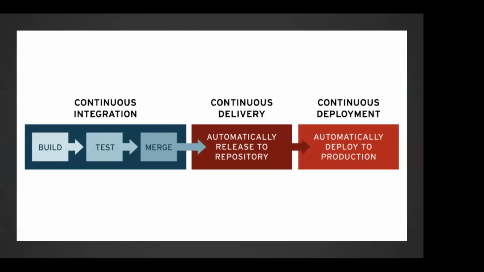To understand this better, maybe you can see this diagram. The first part is continuous integration, where I build my code. Then it goes through a series of tests. Like I said, there can be code related quality checks. Then the next part will be some security checks. Then everything will be merged and sent to a centralized repository. This part is called continuous delivery.